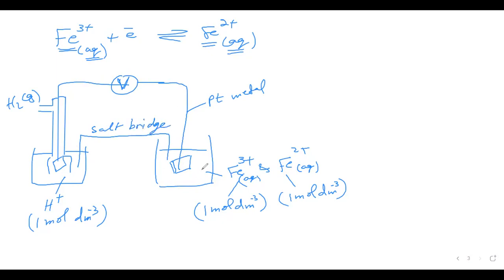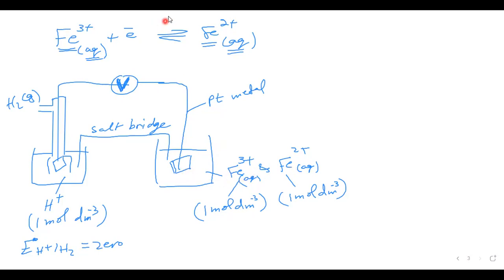From this we can measure the potential difference between the iron plus 3 and the iron plus 2, as the E0 cell of the hydrogen ion, hydrogen gas is equal to 0. And this means that the value that we get here in this voltmeter is the standard electrode potential between the iron plus 3 and the iron plus 2 solutions.